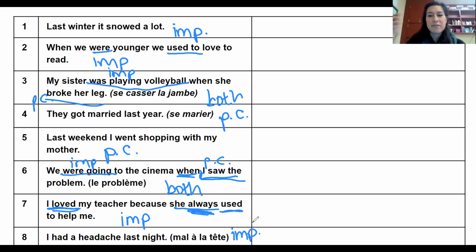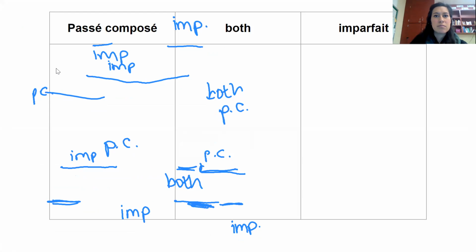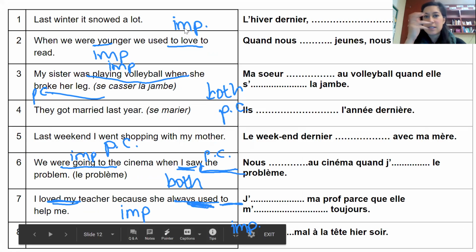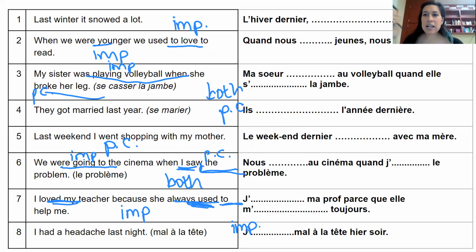All right, so now you have those. Let's skip over this one. All right, so I want you to spend a little bit of time thinking about how you were to translate those. Move me down here to the bottom. How would you translate those sentences? And I've given you the main part of the phrase, and you've just got to fill in the gaps.